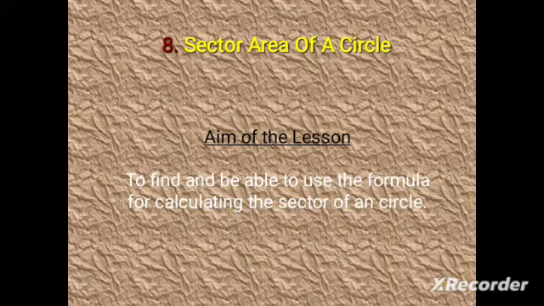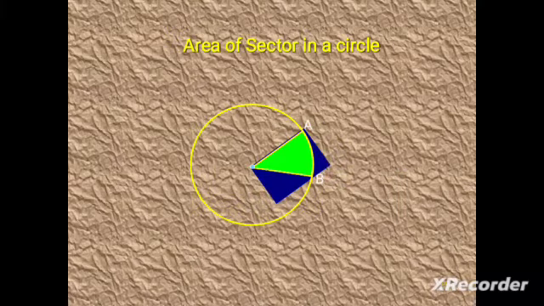Our last part is the area of a sector of a circle. So we intend to find and use the formula for calculating the area of a sector of a circle. Now, this is our circle with the minor sector AB, the minor arc AB, and the major arc in yellow.